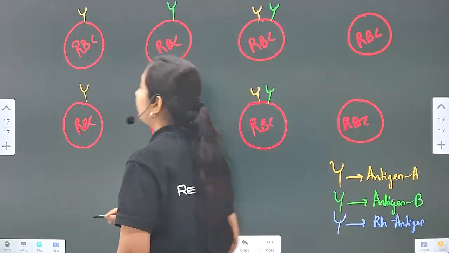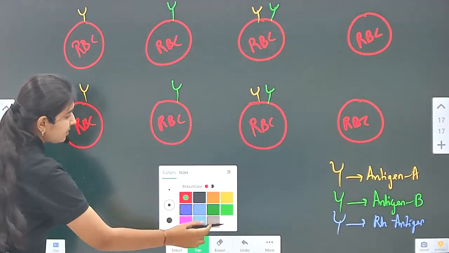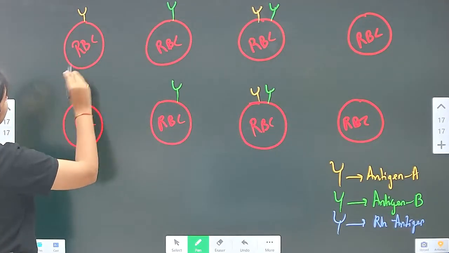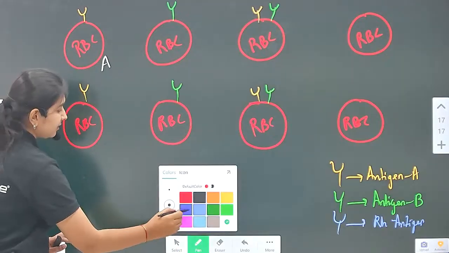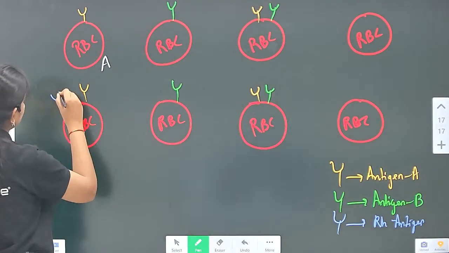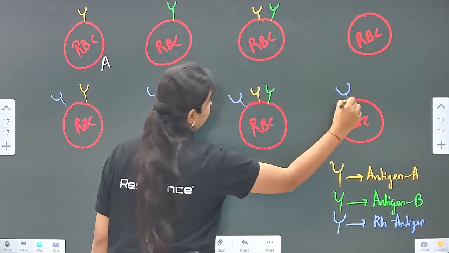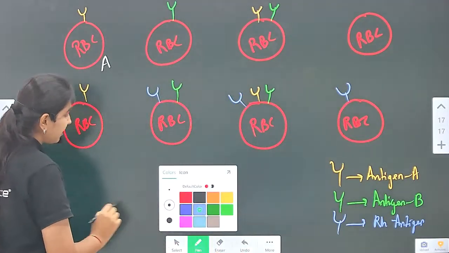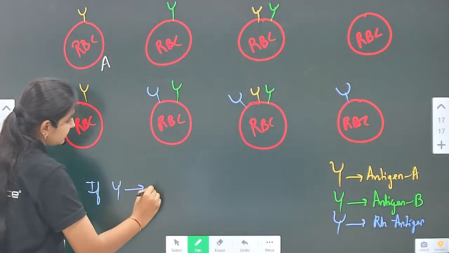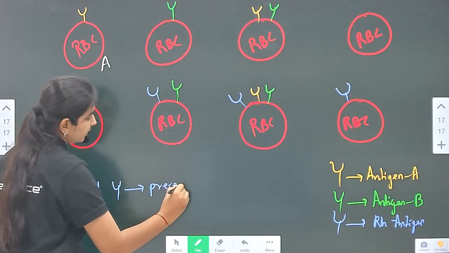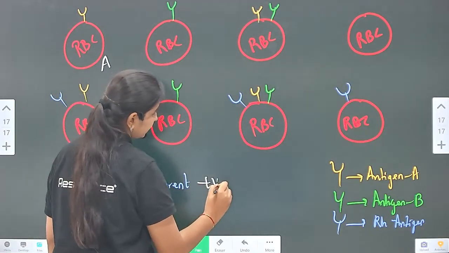Okay, now tell me, what is the blood group here, students? This is your A, right. Now, let me draw this RH here. Now, if the RH antigen is present, then that is positive.